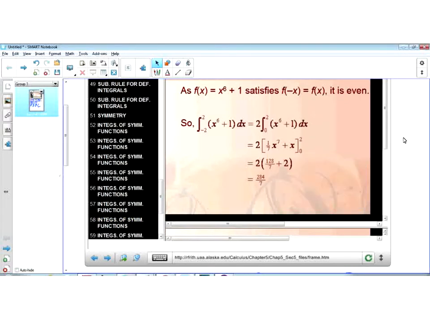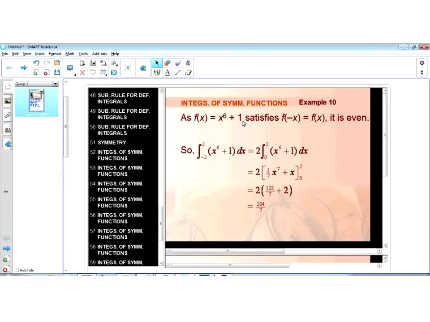Okay, so yeah, here's a good example. So consider x to the 6 plus 1, which is an even function. And so we want to find the area under the curve of x to the 6 plus 1 from -2 to 2. So the rule says that since the interval of integration is symmetric, we can replace the lower bound of the definite integral with 0 and then double the result of the transformed integral.